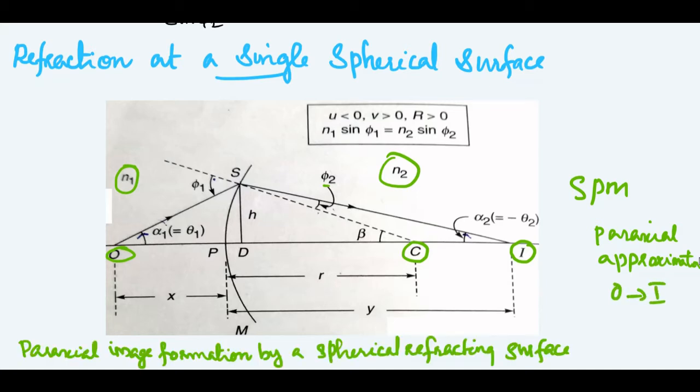So this figure represents the paraxial image formation by a spherical refracting surface separating media of refractive indices n1 and n2. Here O represents the object point and I represents the paraxial image point.